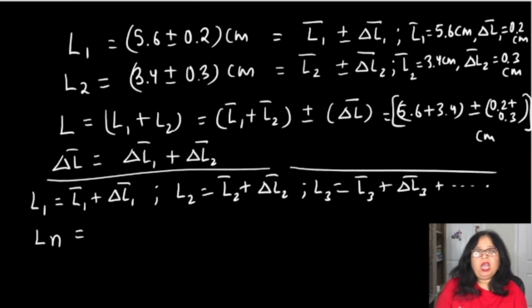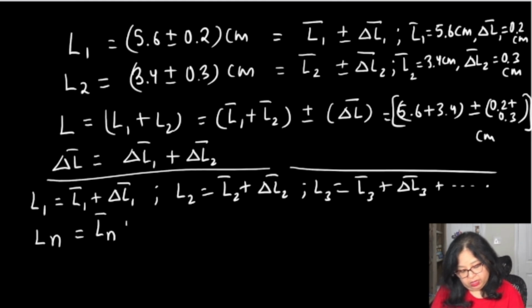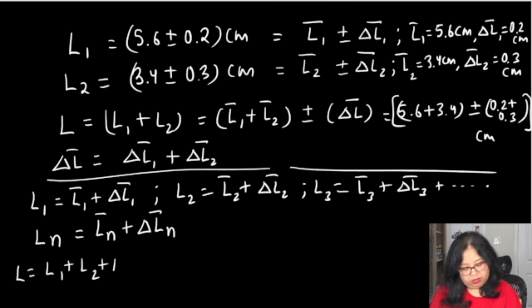N could be 5, it could be 10, it could be 50, it could be 59, it could be 5,000. We don't care. Ln bar, delta Ln bar. Find L such that L is equal to L1 plus L2 plus L3. Keep adding all the n's till you get to Ln.